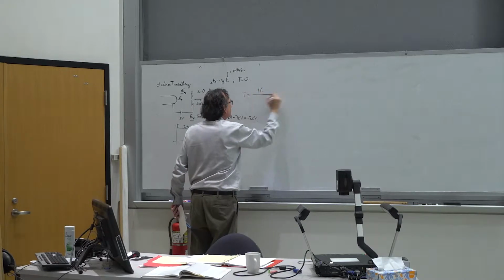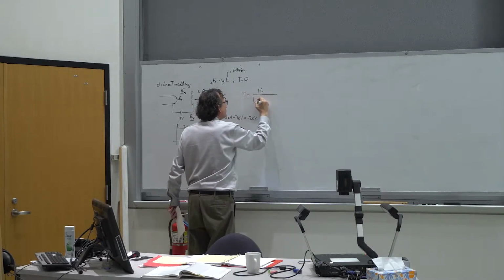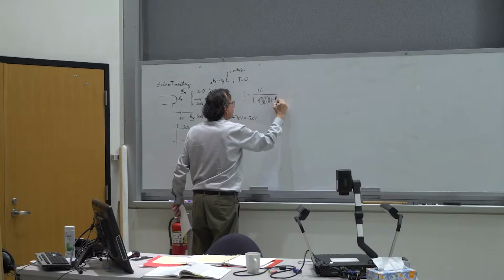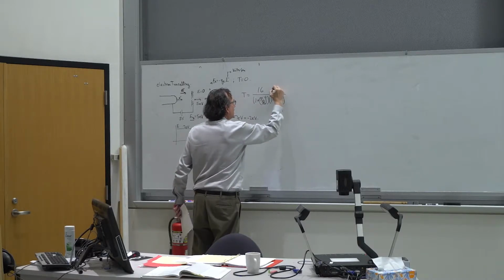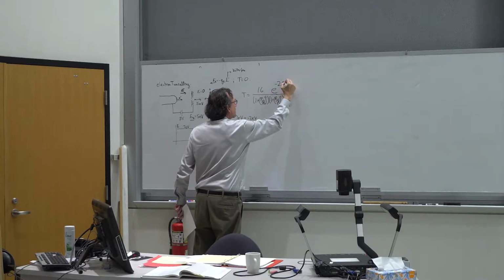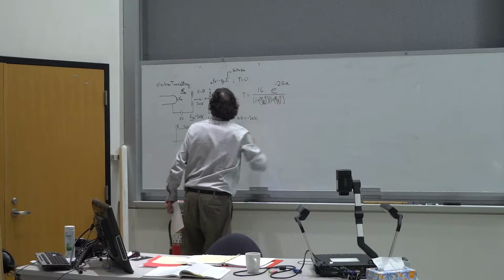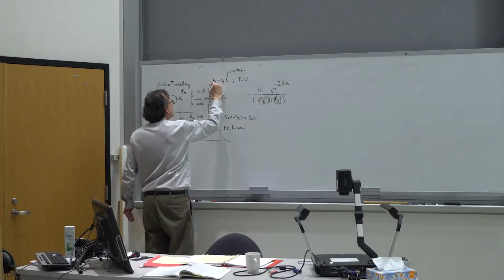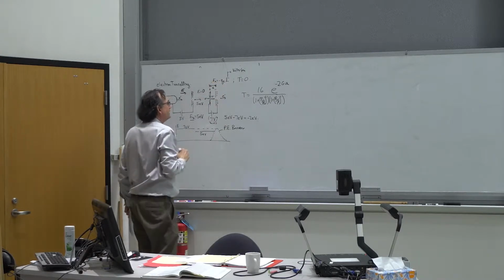that I will make it through, and there was a term that looked like 1 plus P1 over P2, quantity squared, over 1 plus P2 over P1. I will redefine these terms here in a minute. And this is times e to the minus 2g times A. A is the width of the barrier. So in physical space, the barrier width across here is what I call A. Okay?